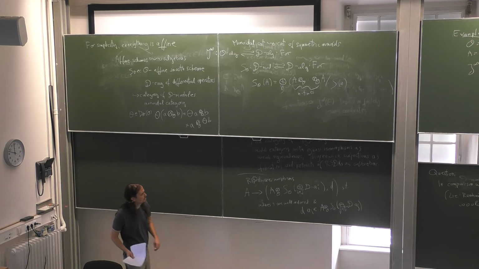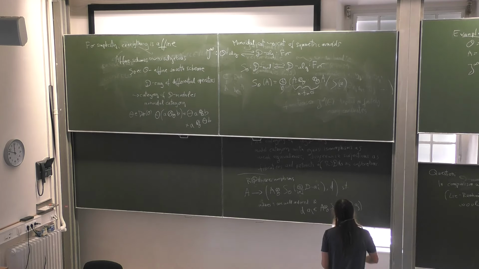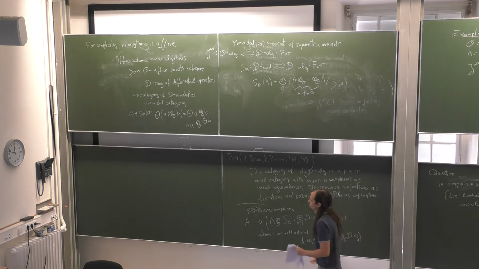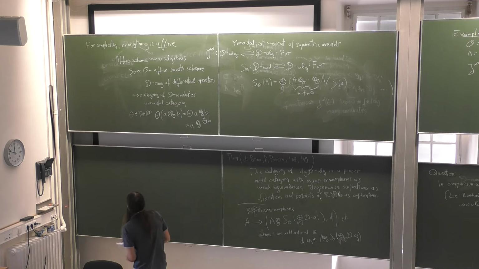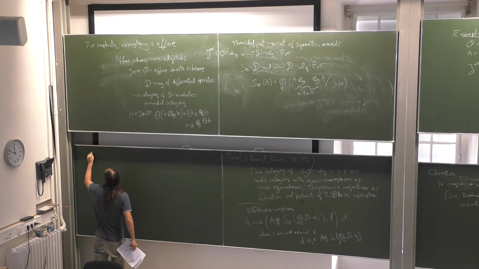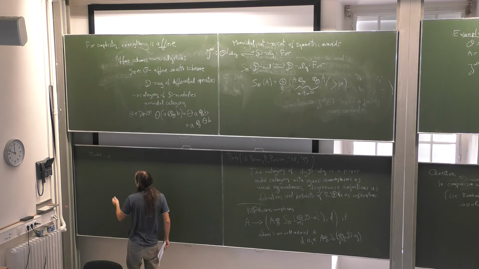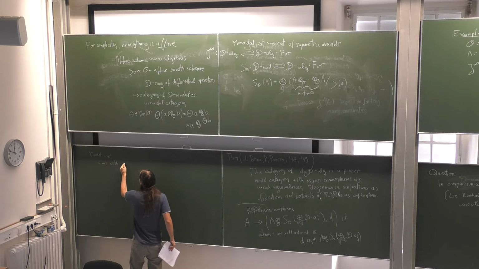Maybe just say a few words about what model categories are and why they're useful. These are categories with three classes of morphisms.